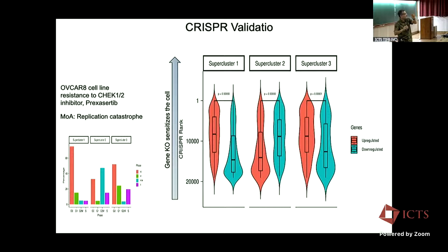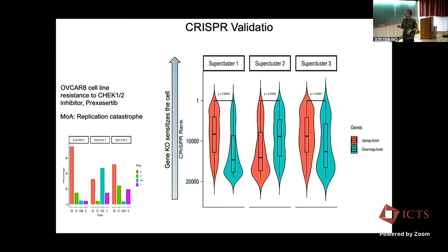So he was very kind to give us one of those data sets, this ovarian cancer cell line against this CHEK1/2 inhibitor. The mechanism of action of this drug is replication catastrophe. So it's significant to keep that in mind, because it will only kill the cycling cells, not the non-cycling cells.